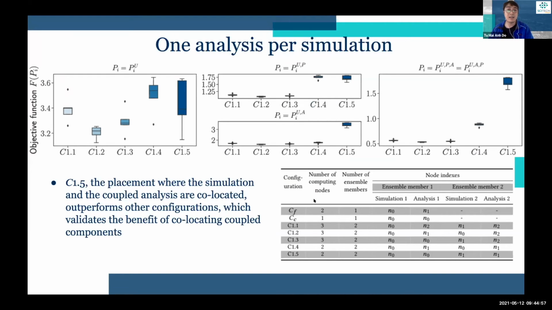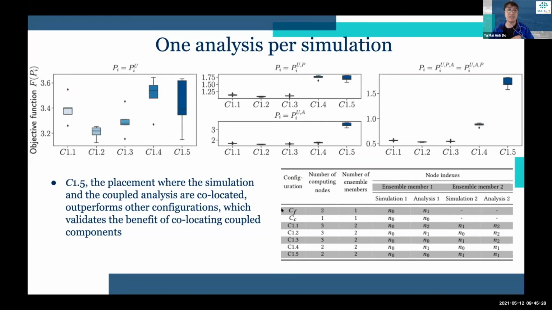You can see here, we apply the performance indicators that we proposed in the previous slide over several sets of configurations. The configuration specifies the number of compute nodes applied to the workflow example, the number of example members in that workflow example, and how the example components will be mapped onto the resources that we allocate.